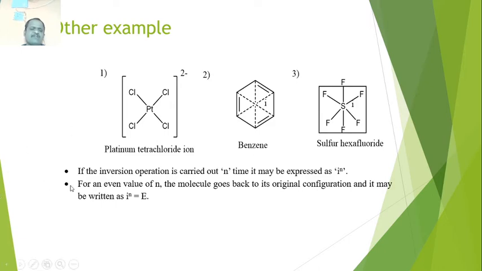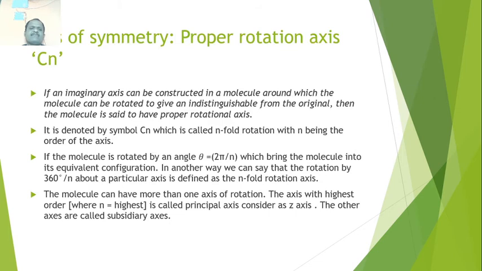In short, if the inversion operation is carried out n times, it is expressed by I^n. For an even value of n, the molecule goes back to its original configuration. Therefore, it is written as I^n = E. So this is our first symmetry element, called the inversion center.